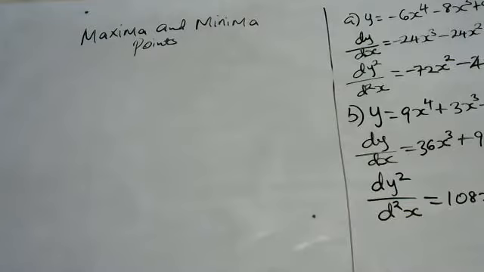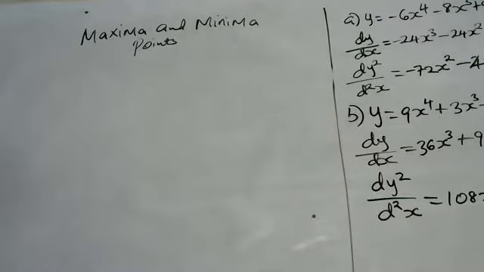Then you say that a maxima point is the highest point a curve will go before it turns downwards.